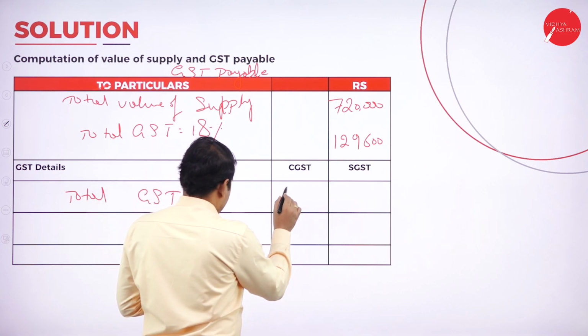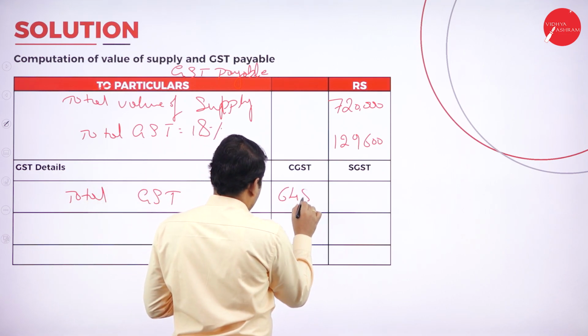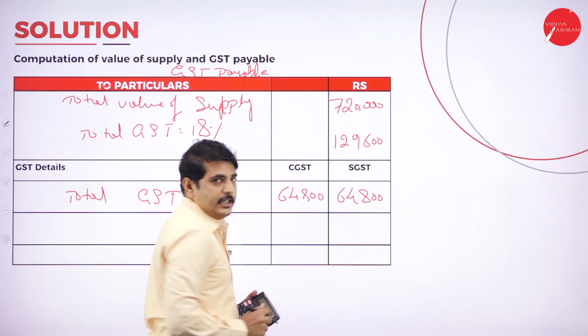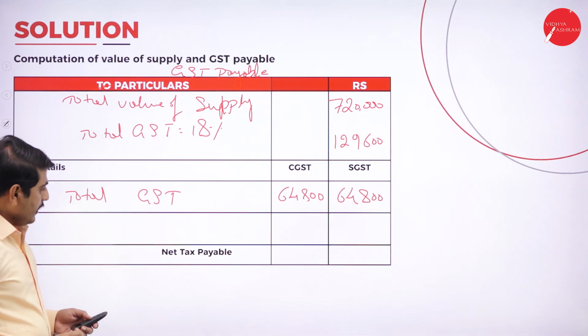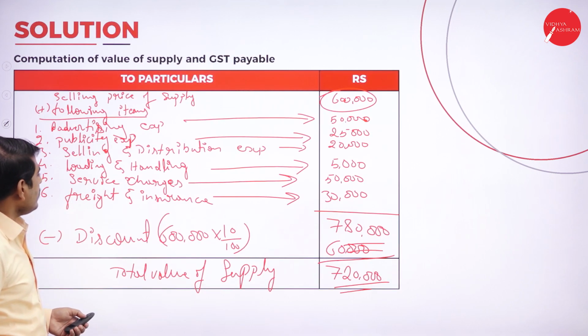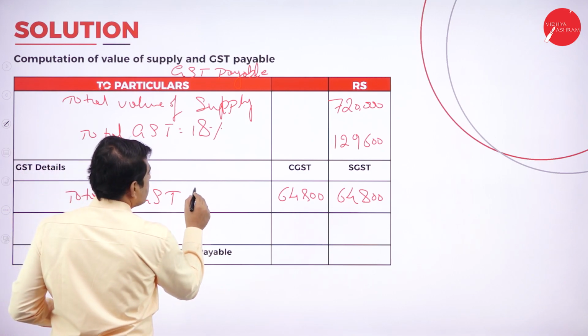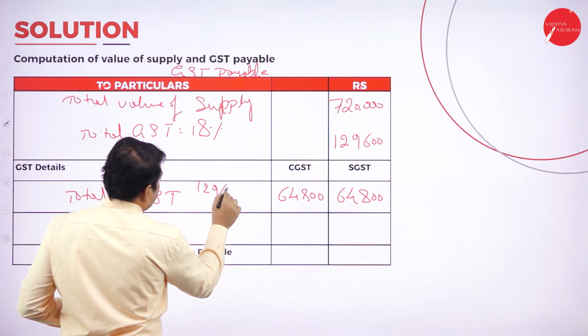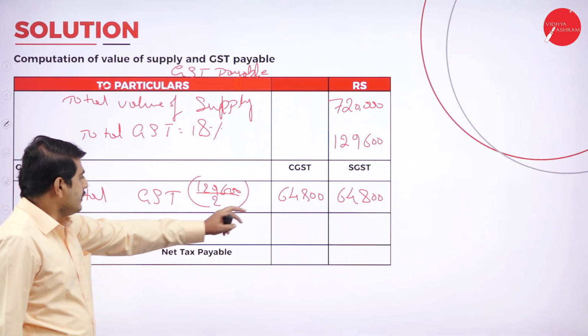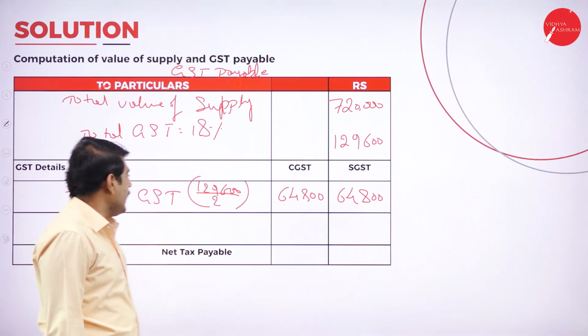So we'll get 64,800 CGST, 64,800 SGST. Here, you can write it like this: 1,29,600 divided by 2, so you get 64,800 and 64,800.